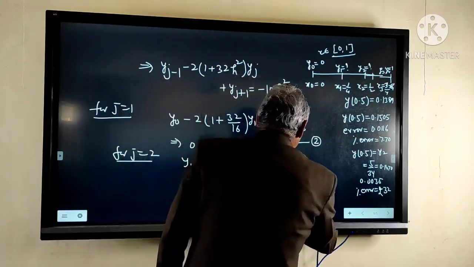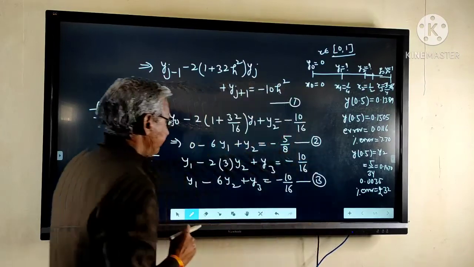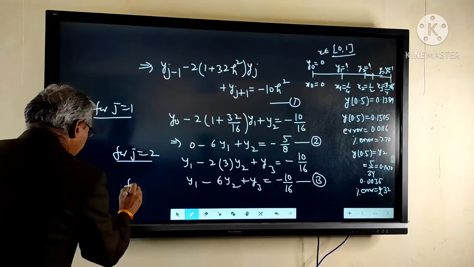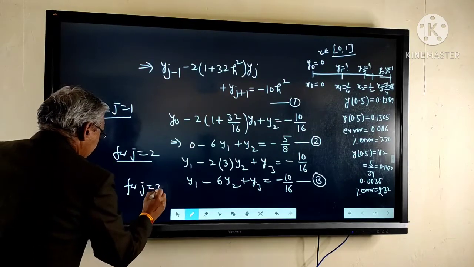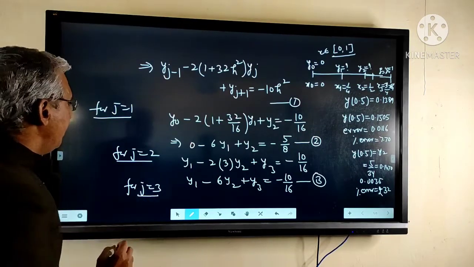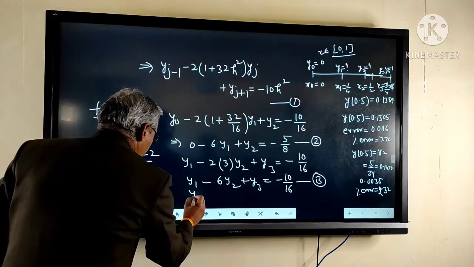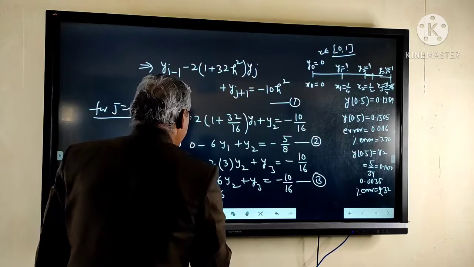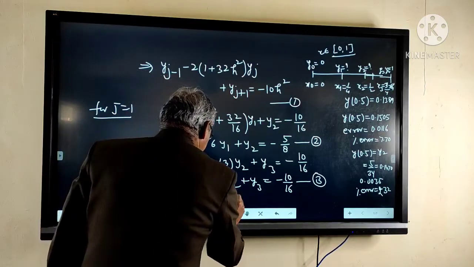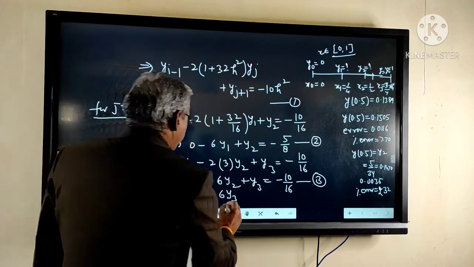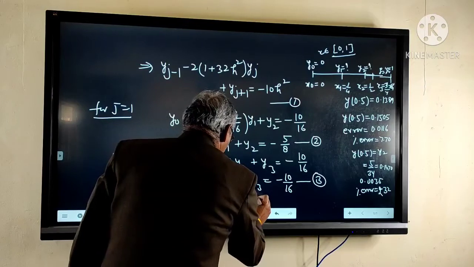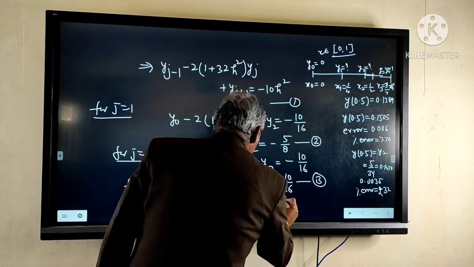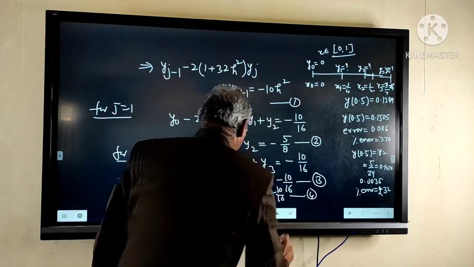Suppose this is equation number 3. For j equal to 3, we have y2 minus 6 y3 plus y4 equals to minus 10 upon 16.